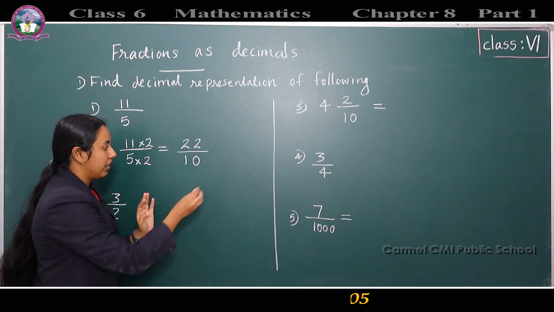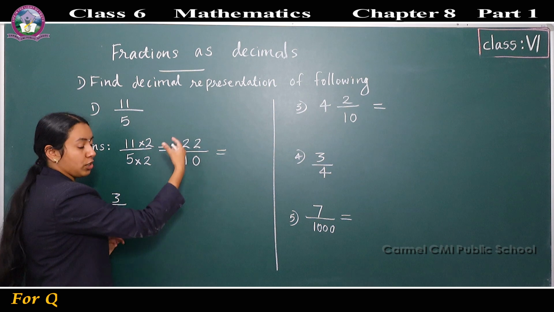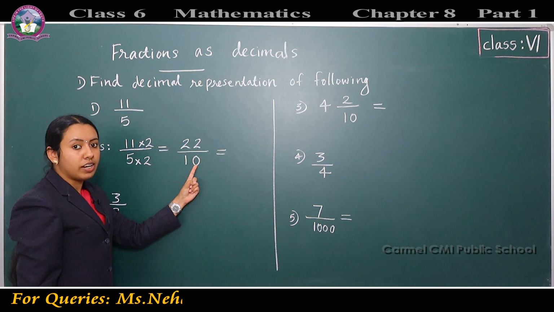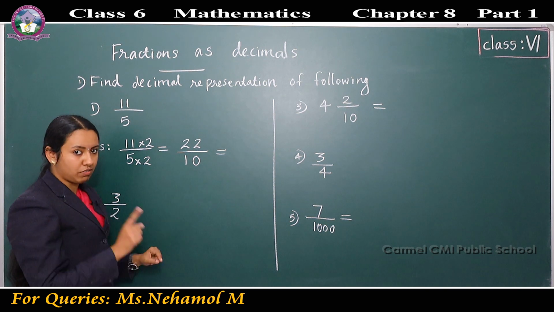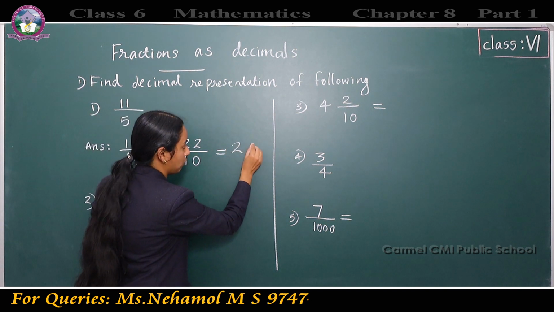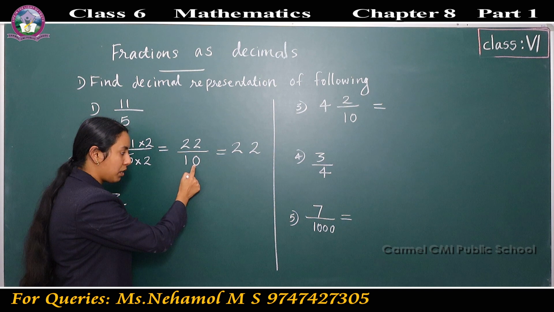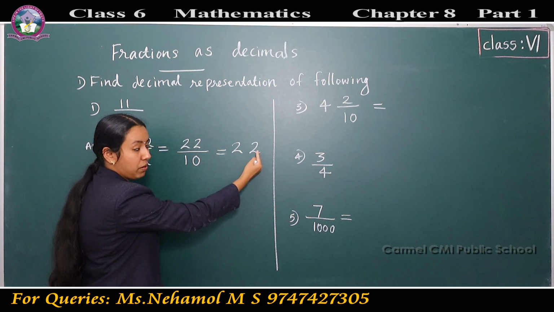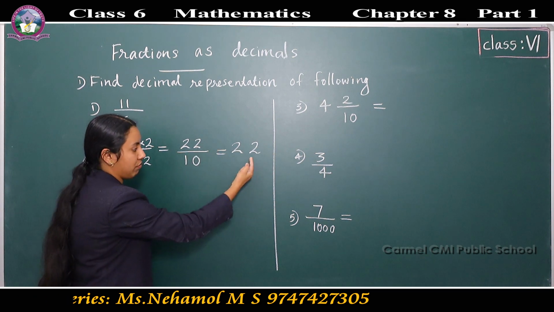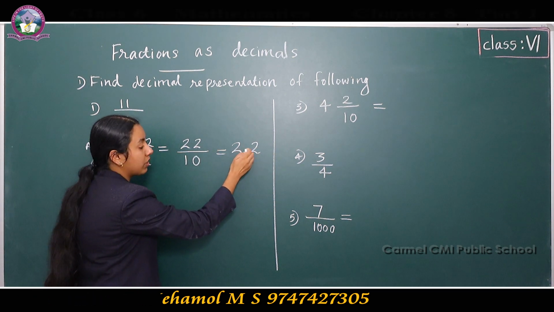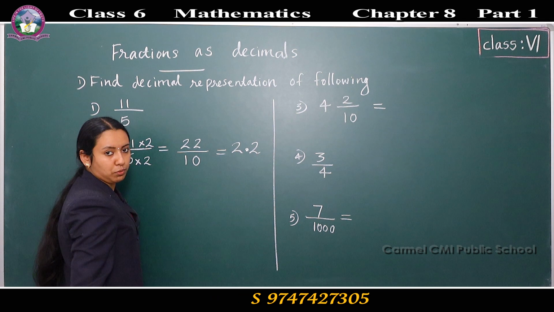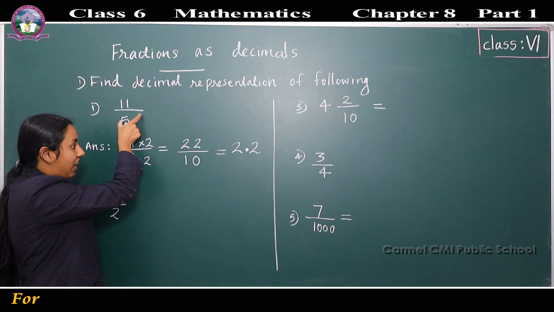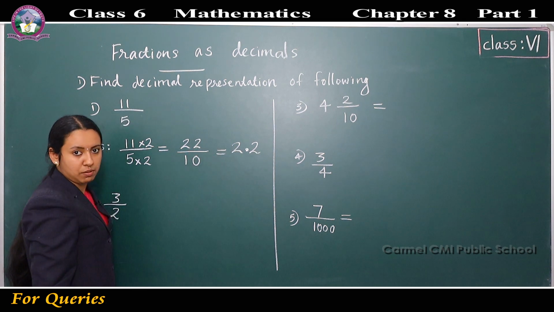Now, we can easily convert this fraction to a decimal. How? Count the number of zeros in the denominator. 10, only 1 zero. First write the numerator itself. Since the number 10 has only 1 zero, count 1 place from the last digit to the left. That means here. Put the decimal point. 2.2. So we convert this fraction to a decimal.